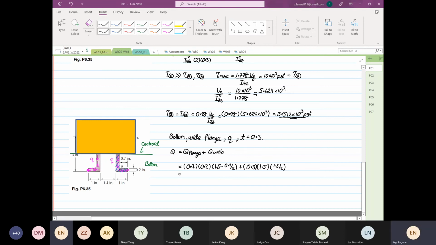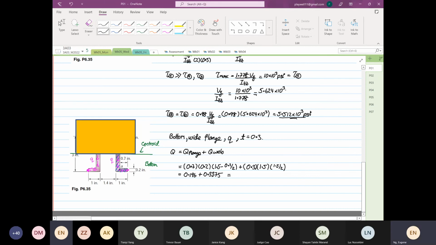So this will be equal to 1.5 minus 0.2 divided by 2, times 0.2 times 0.7, which is 0.196, plus 0.3 times 1.5 times 1.5 divided by 2, which is 0.3375.